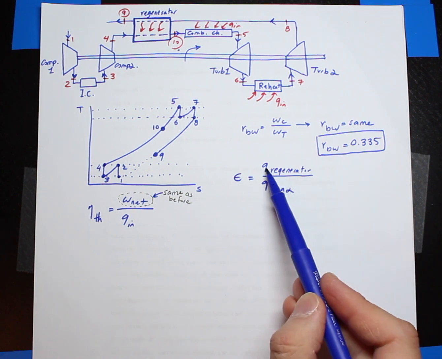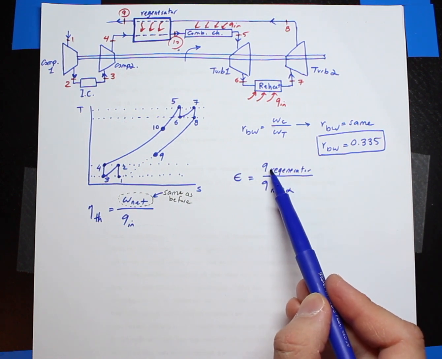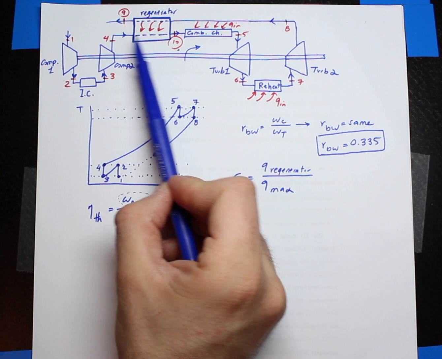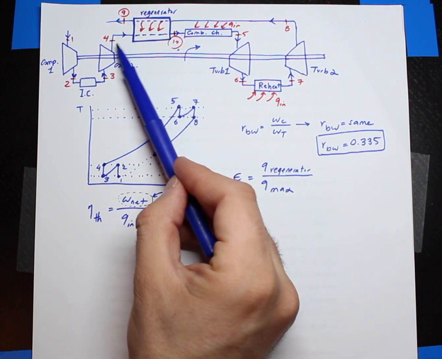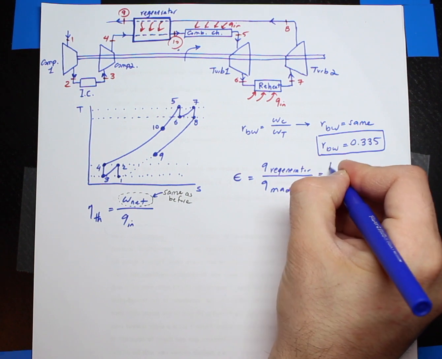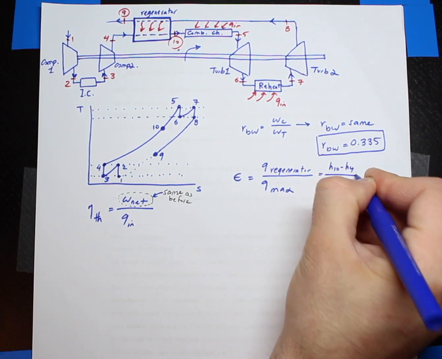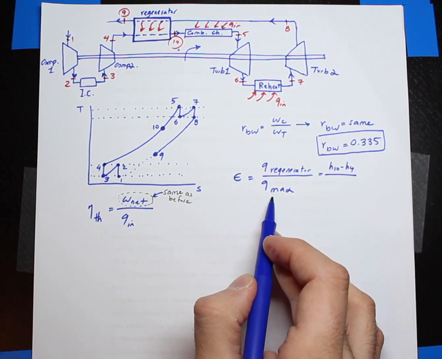This is the heat addition done within the regenerator, from H4 to H10, or basically value wise it's going to be H10 minus H4. Q max is the maximum possible heat addition.